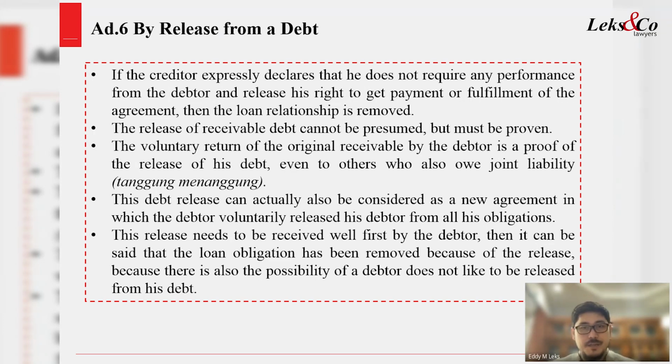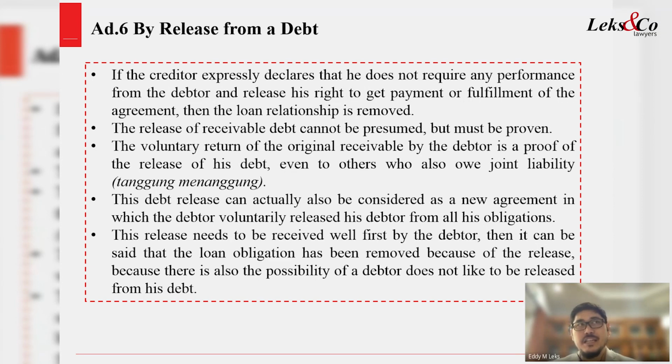So that's why, gadai is only a security. It's only an accessory agreement. So by returning the gadai or the pledge, you can see that the creditor deems that the accessory agreement or the pledge agreement is void or terminated.